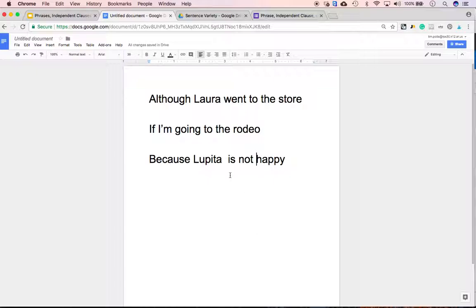Now what's happened is all of these independent clauses are now dependent on more information, so they've become dependent clauses. And you will have to finish the sentence now by adding information after a comma. So you basically get rid of the period, you put a comma, and then you can fill in the missing information with an independent clause.